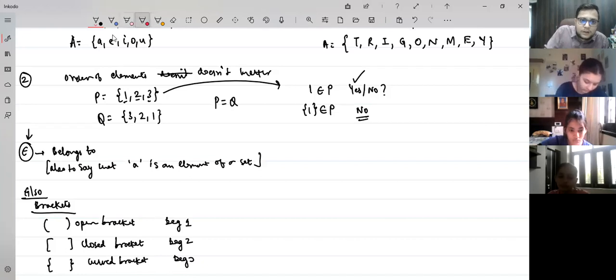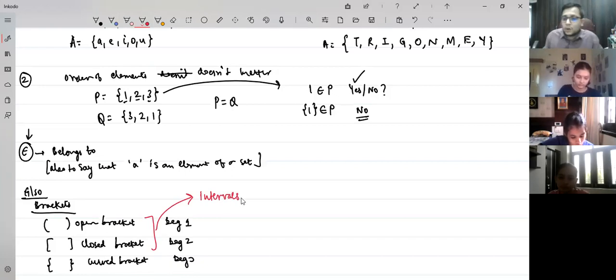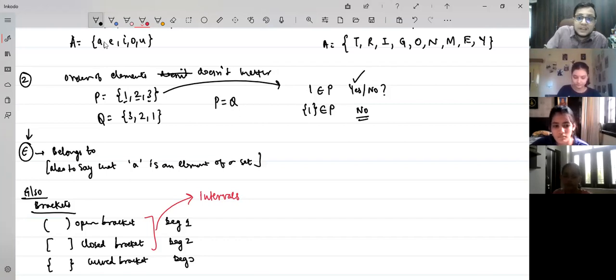For these two representations, ये दो जो brackets है, these represent intervals. What do I mean when I say intervals? If you remember from your statistics class, intervals 10 to 20. मतलब all the data that belongs from 10 to 20. Remember? Yes or no? So in the same way, the first two brackets represent intervals.